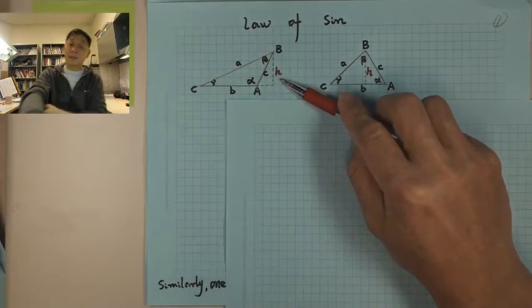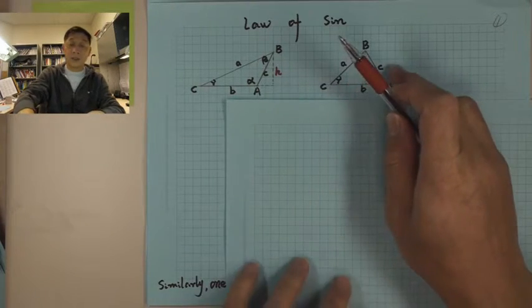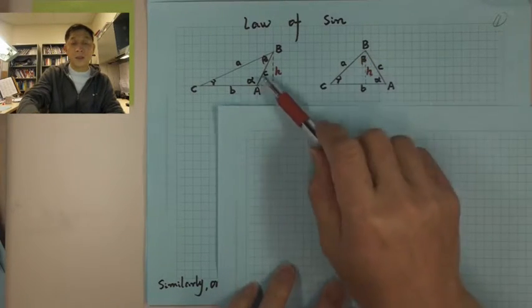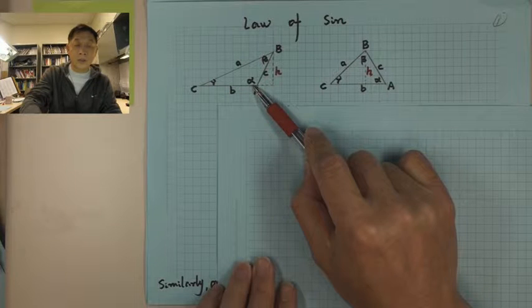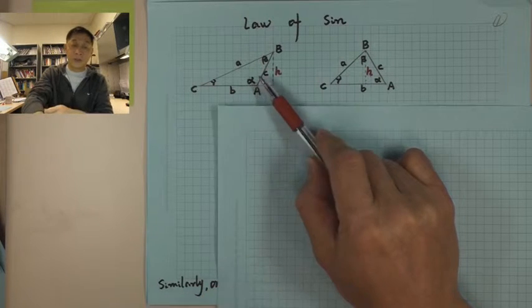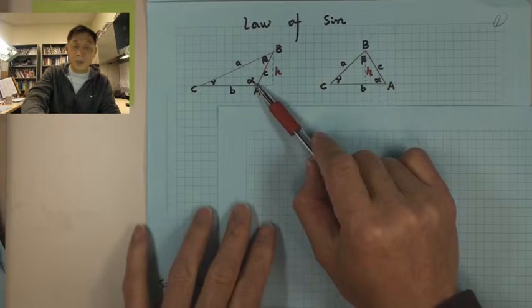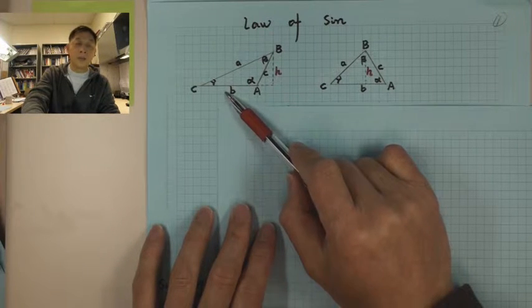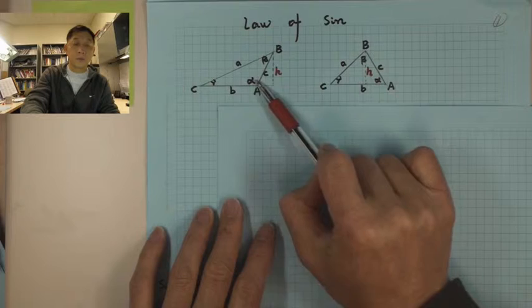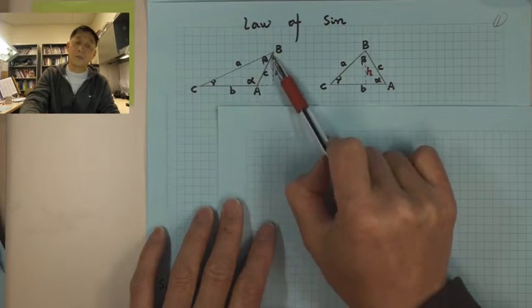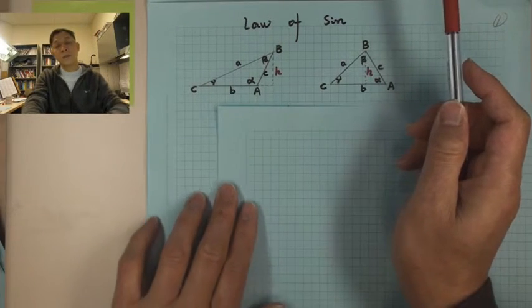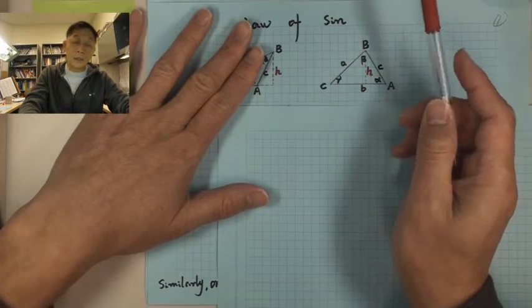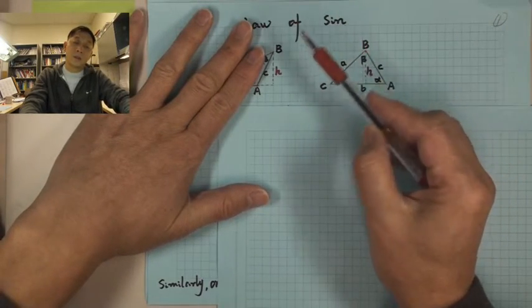Not really that nice. Here this angle is no longer less than 90 degrees, so alpha is bigger than 90 degrees. Then the triangle would be like this, and the things will be a little bit different.